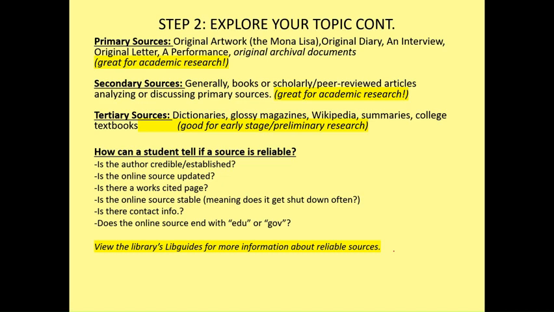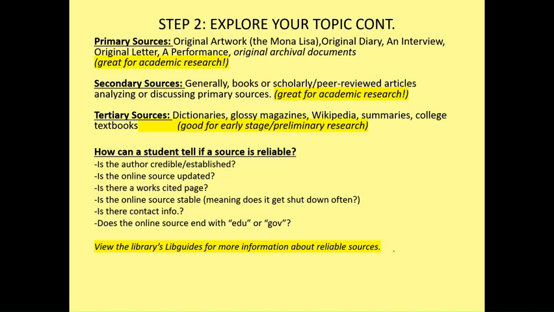So if you can't come up with ideas and you need something to help you start, you can always do preliminary research. So how can a student tell if a source is reliable? Just a few ways you can tell.